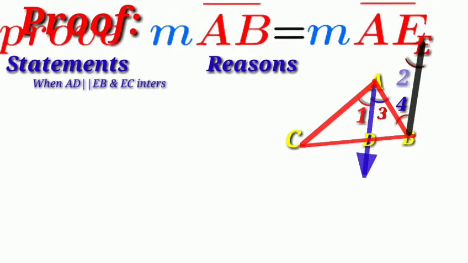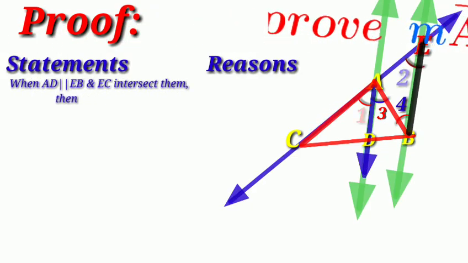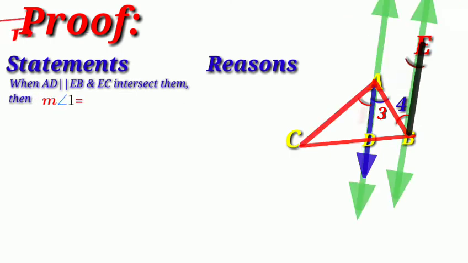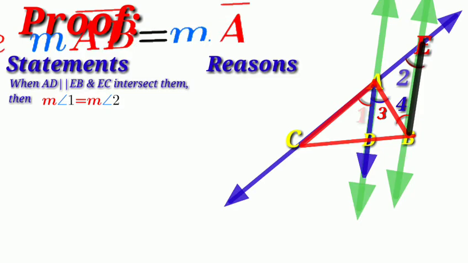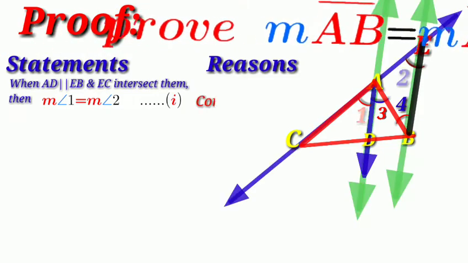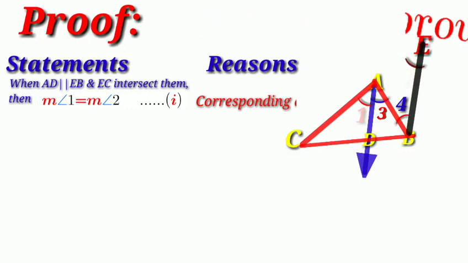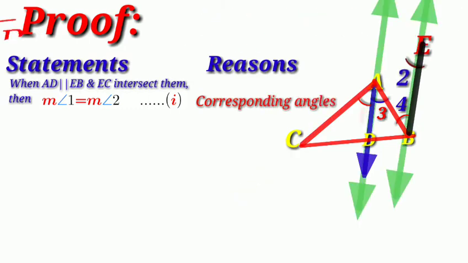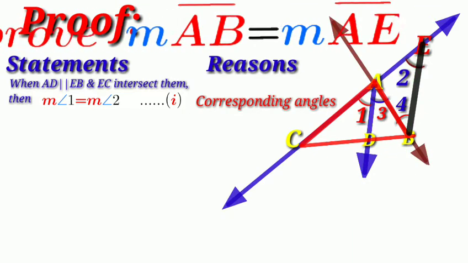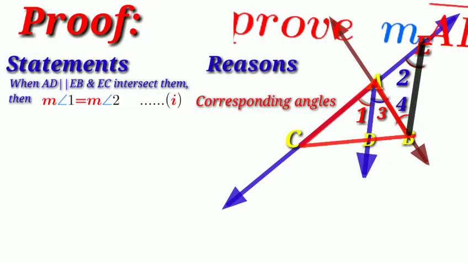In triangle CBE, when side EC intersects the two parallel sides AD and EB, then angle 1 and angle 2 are formed, which are equal, meaning angle 1 is equal to angle 2, called corresponding angles. So angle 1 is equal to angle 2 is equation 1.